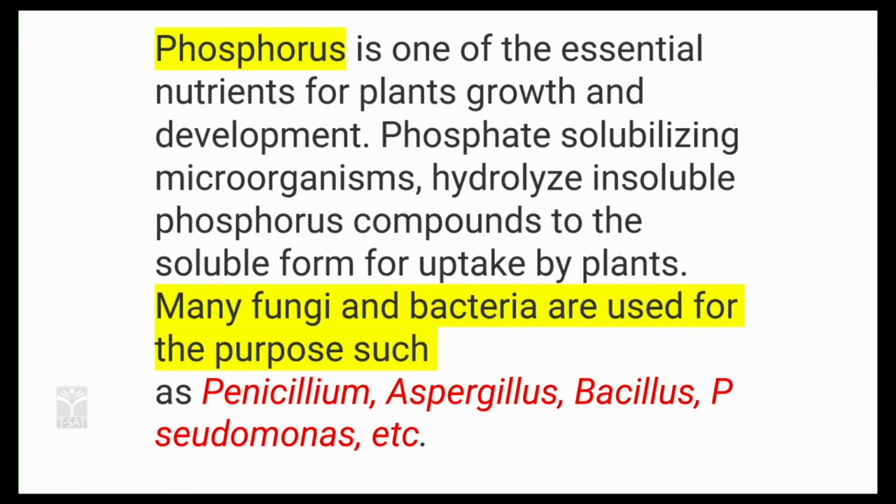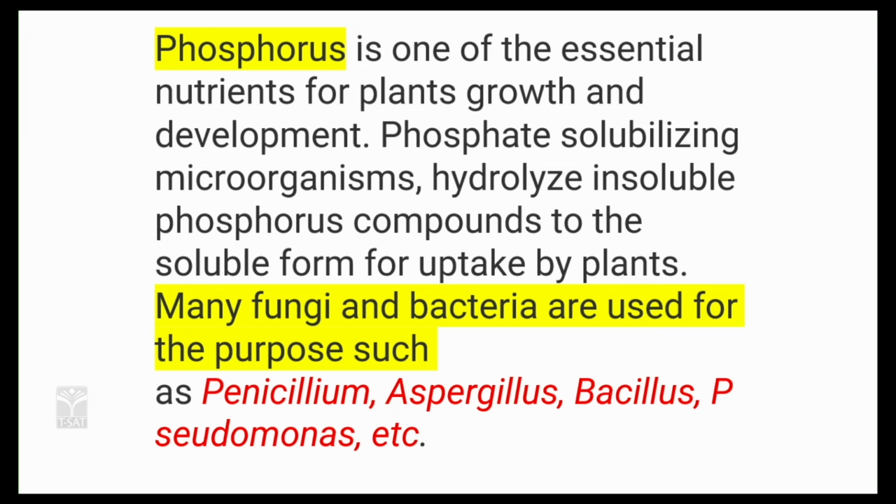Phosphorus is one of the essential nutrients for plant growth and development. Phosphate solubilizing microorganisms hydrolyze insoluble phosphorus compounds to the soluble form for uptake by plants. Many fungi and bacteria are used for the purpose, such as Penicillium, Aspergillus, Bacillus and Pseudomonas. These are some of the examples which are used for the availability of phosphorus to the plant.